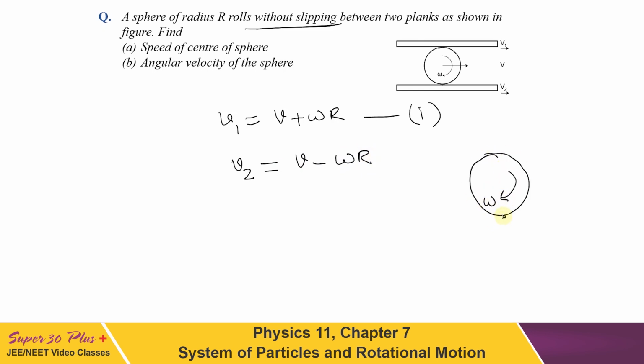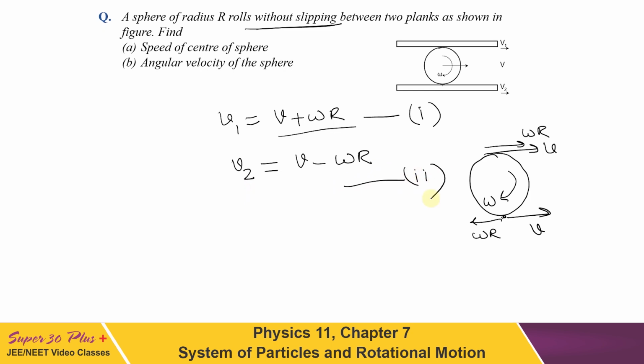So for the uppermost point, both v and omega are in the same direction, so I have added v plus omega r, and for the bottom point I have to write v minus omega r, and that should be equal to v2 because the Planck is having velocity v2 here. This is our equation number 2.